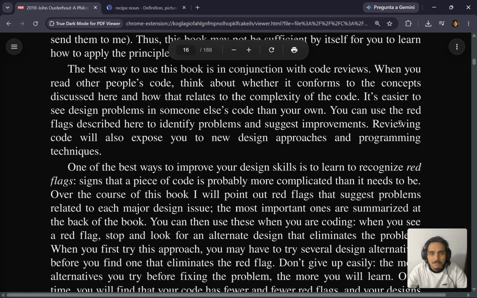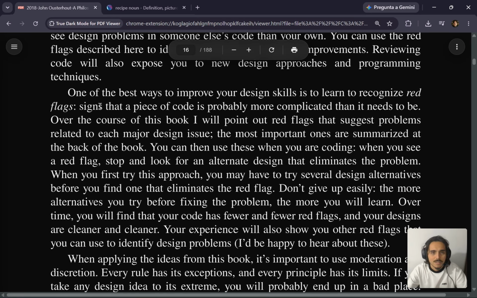So you can use red flags described here to identify problems and suggest improvements. Reviewing code will also expose you to new design approaches and programming techniques. One of the best ways to improve your design skills is to learn to recognize red flags. I will point out over the course of this book red flags that suggest problems related to major design issues.